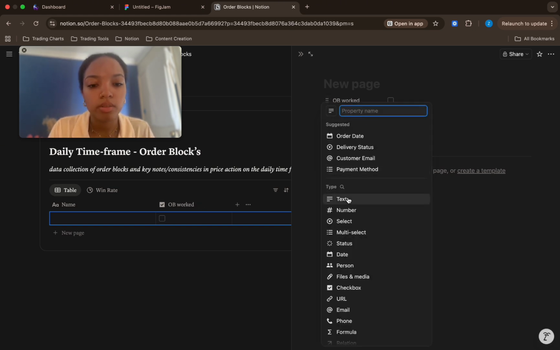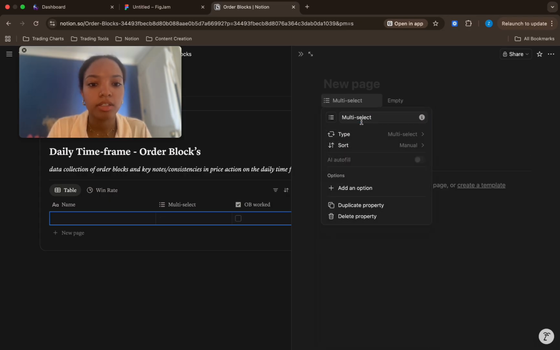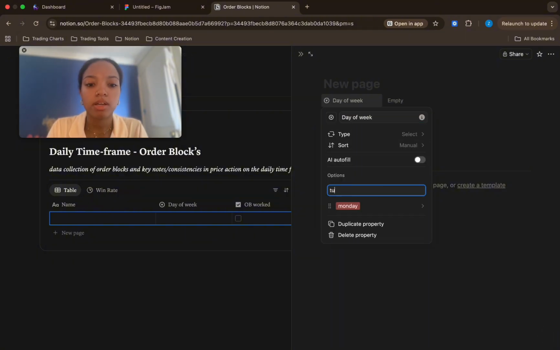Order block worked, and then we'll have day of week. We'll have this as the normal select, and the reason I'm doing this is because I want to understand if there are certain days where it works better or doesn't work as well.